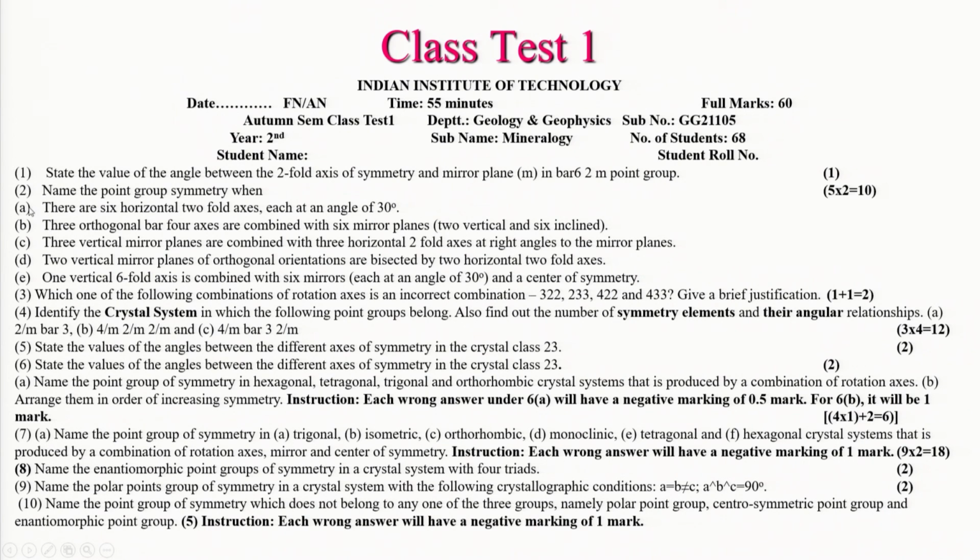And the final question is: name the point group of symmetry which does not belong to any one of the 3 groups, namely polar point group, centrosymmetric point group and enantiomorphic point group. And you have 5 marks here. The instruction is that each wrong answer will have a negative marking of 1 mark.